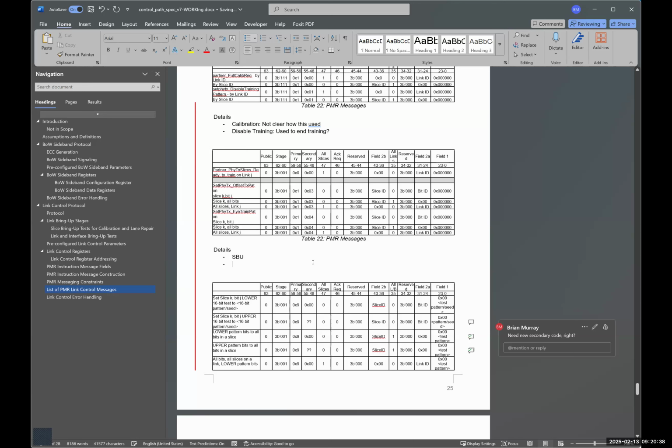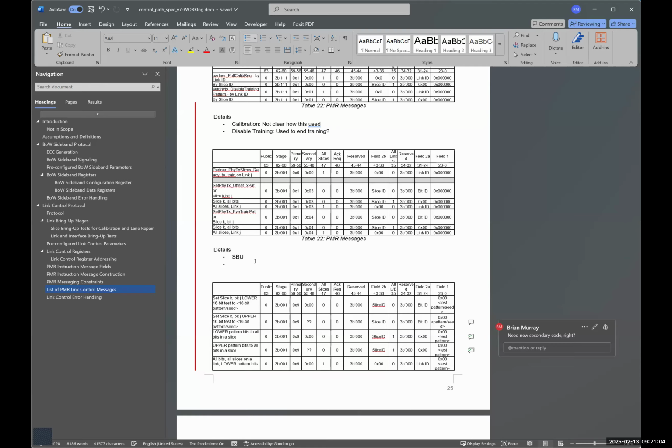Okay, so what about ready to train? Right, so the ready to train is required because the way BOW training is set up, the TX side gets calibrated on its own accord. The TX calibration does not need anything from the partner.